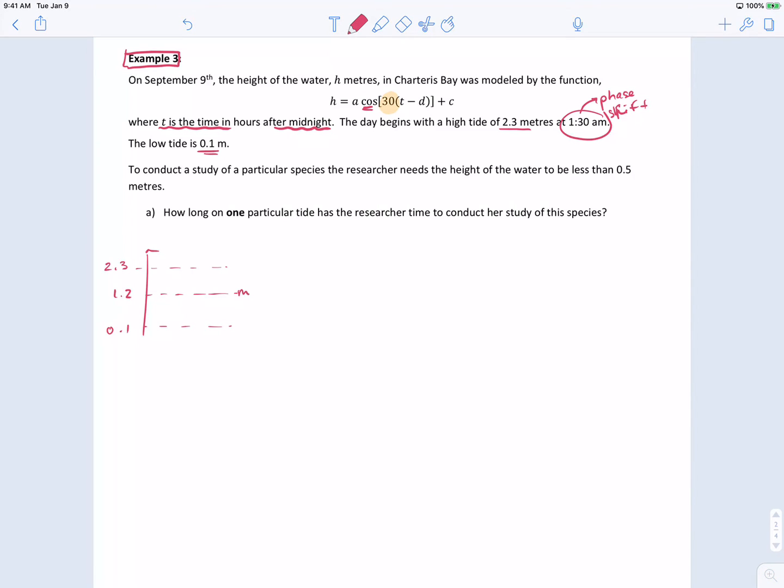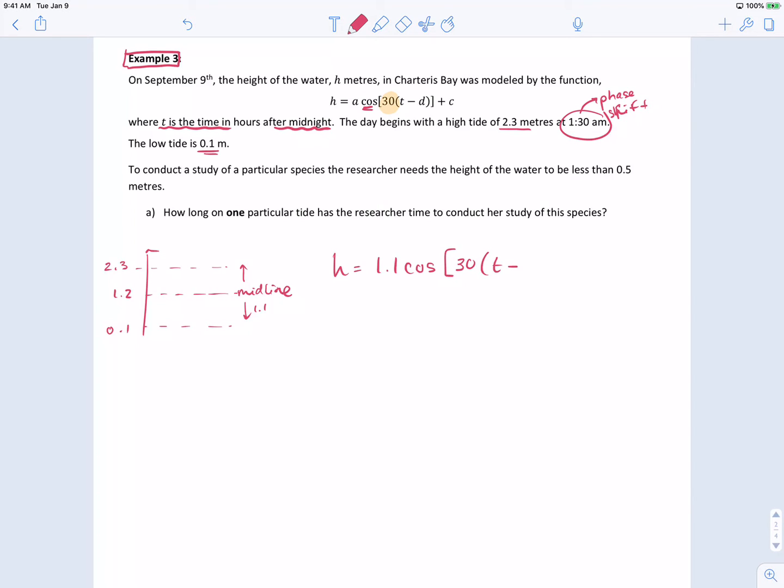This is my midline. If I were looking at going above and below this, I'm going 1.1 units as my amplitude. So let's start by creating an equation. The height would be the amplitude, 1.1, times the cosine. The brackets already tell me the period is 30.